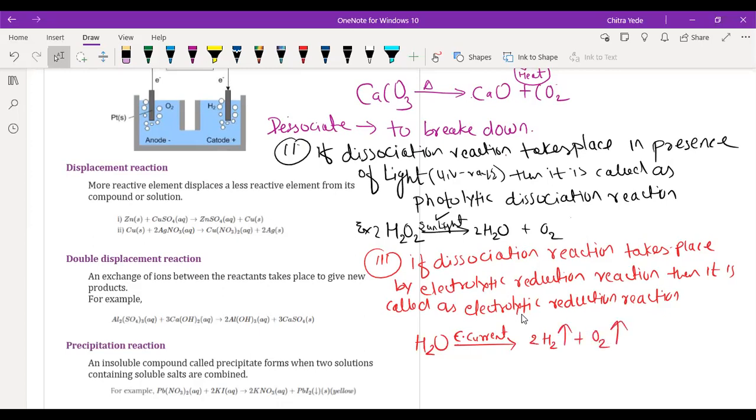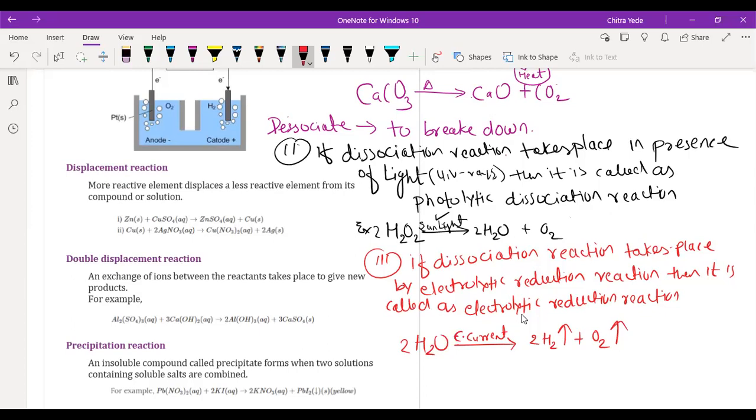Again, in order to balance, I'm going to write 2 coefficient and 2 coefficient over here. Now the reaction is balanced. So here water, when electrically dissociated in an electrolytic cell, forms hydrogen gas and oxygen gas. This is again a decomposition reaction, but it takes place in presence of electric current. That is why it is called electrolytic reduction reaction.